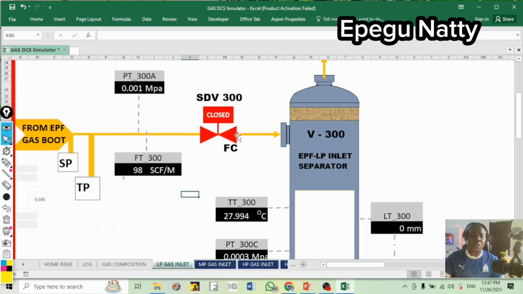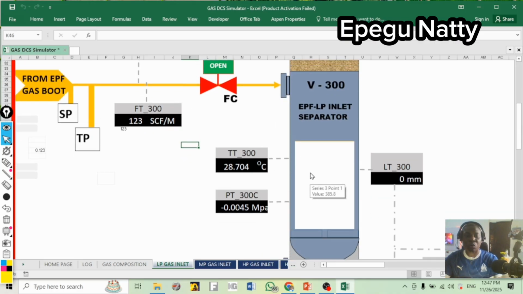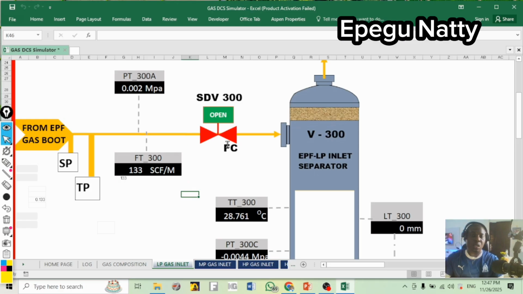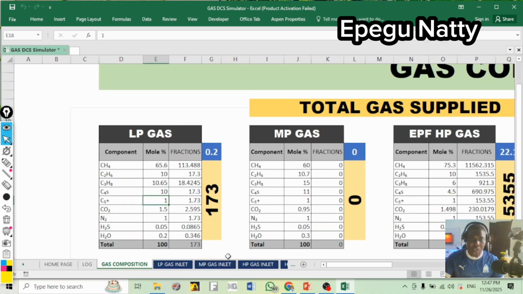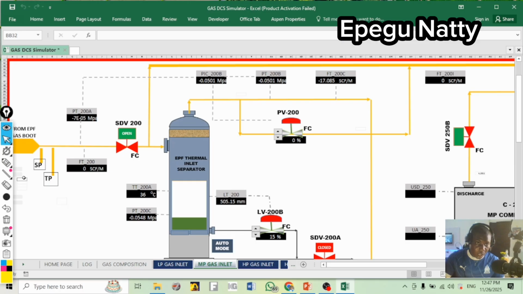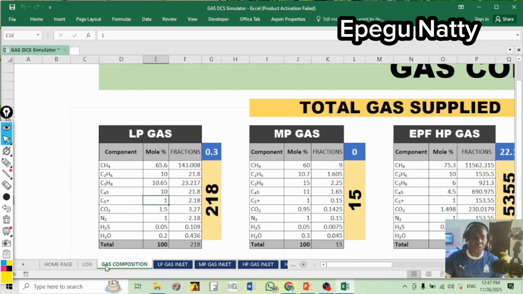It's increasing. We can just put this on now. Sorry, we are not doing this for now. I'm going to come to this, but I'll put it off. I just want to show you that this is increasing, right? So we go to the composition, we see it here is increasing, and then we can go to the MP. MP is also 0 here, so the MP gas inlet is 0, so I can increase that too. And then we go back to the composition. You see it's going up, right?